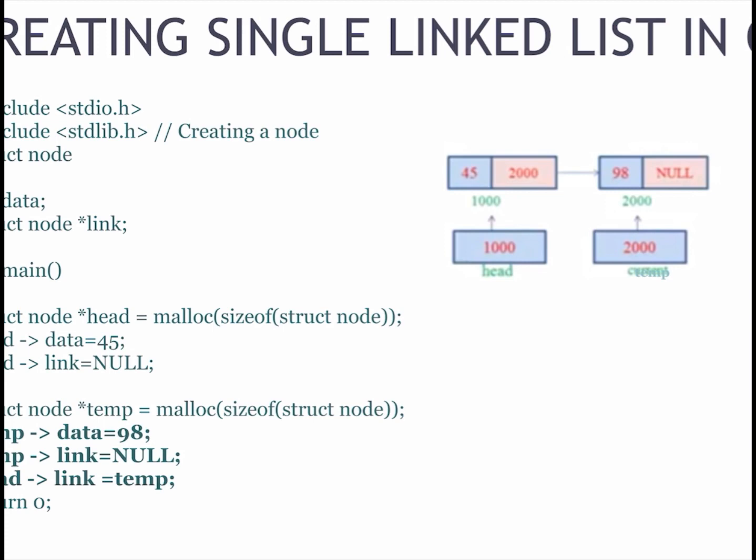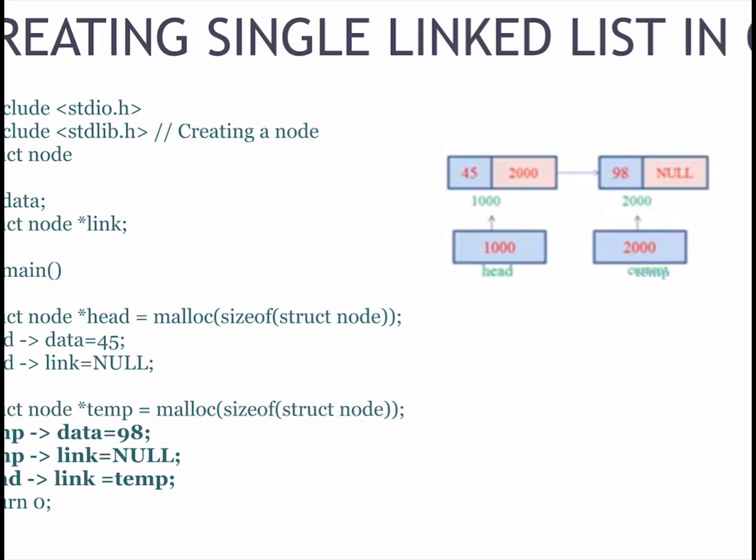We are allocating memory for the same, and temp->data = 98 and temp->link = NULL. Now the second node is created, and the data is now 98 and the link is now null.